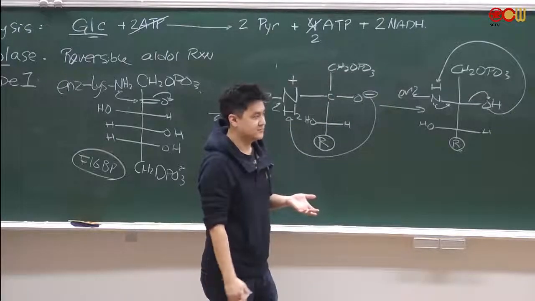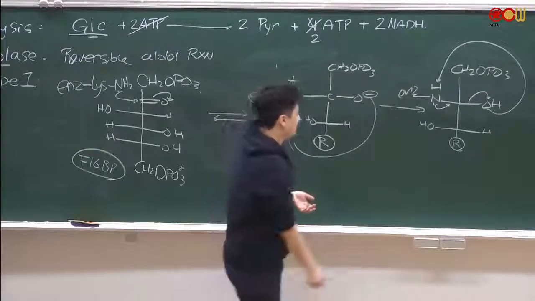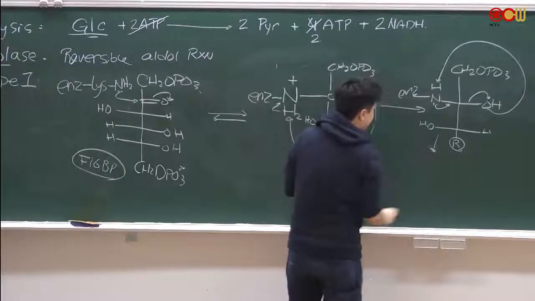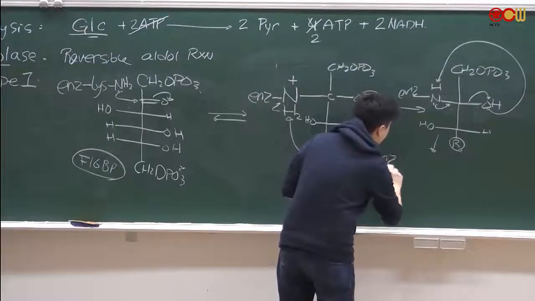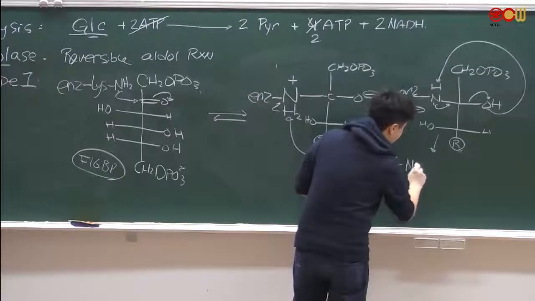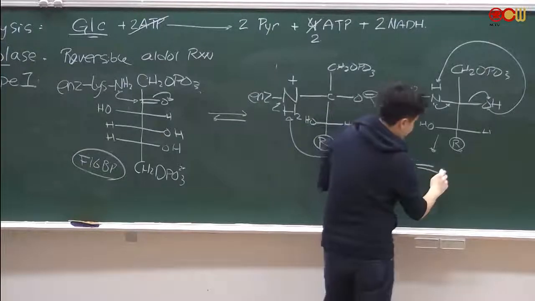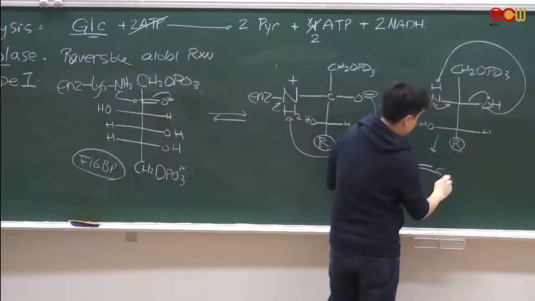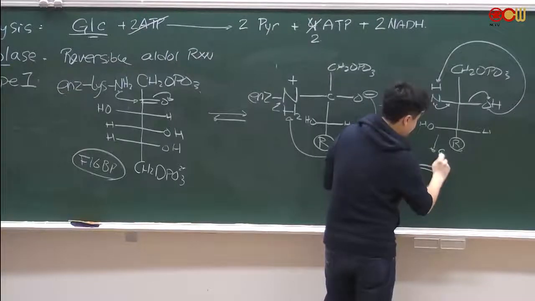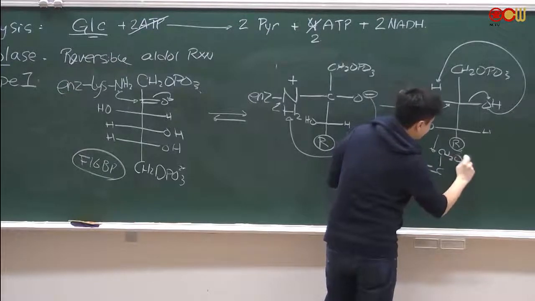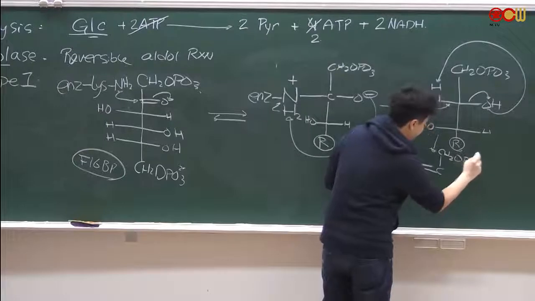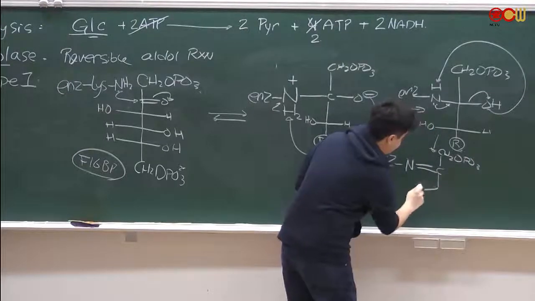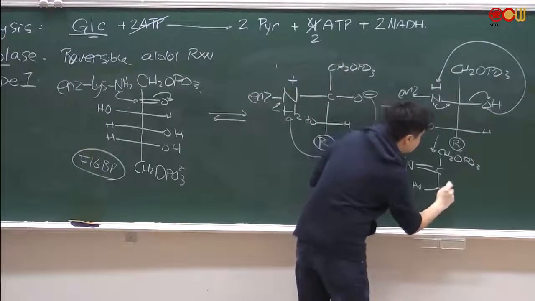So at the end of the day, what you get is a Schiff base and a double bond. This is the carbon and CH2O phosphate, and then OH.